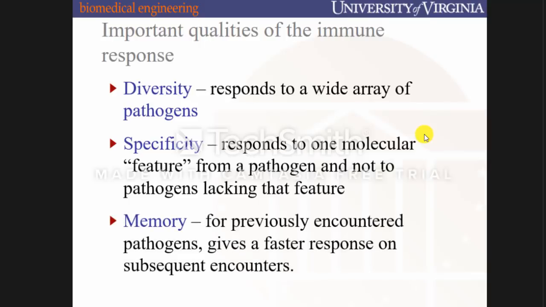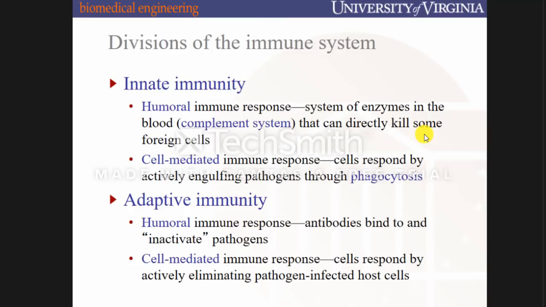And memory. Memory is really going to be important for adaptive immunity, but it's also relevant for innate immunity because, as I mentioned earlier, the pathogens that you respond to have been evolutionarily conserved over generations, where we've kind of co-evolved with the microbes that our body is able to respond to, and we've recognized them over many, many years.